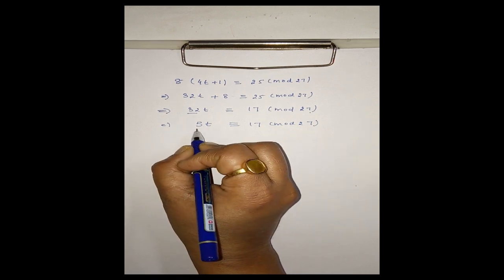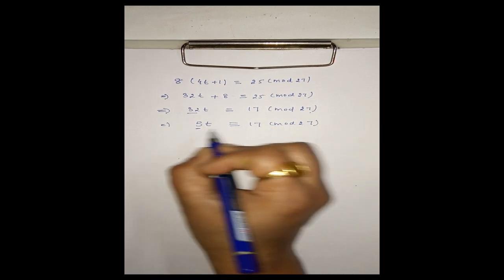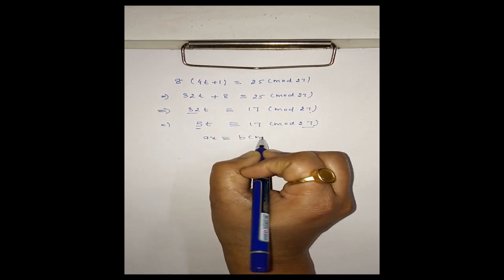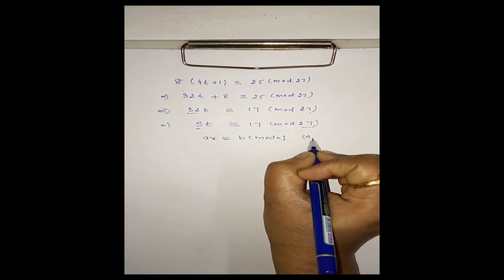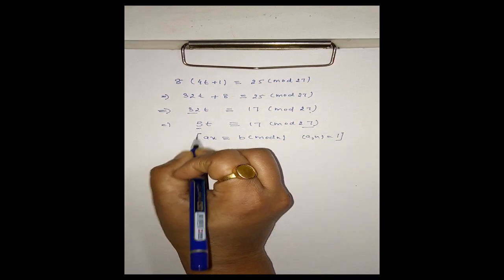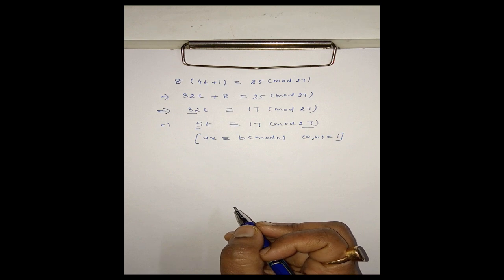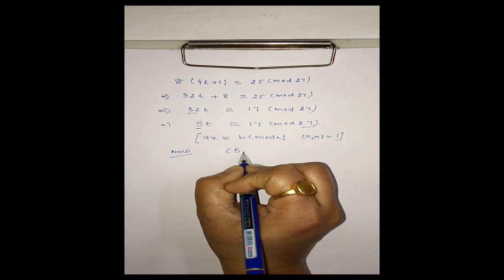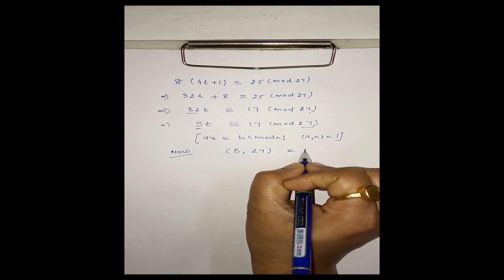Okay, now here this is a. If we compare this congruence with ax is congruent to b modulo n, the GCD of a and n, that is 5 and 27, is 1. Therefore, this has a solution. Okay, now GCD of 5 and 27 is 1.